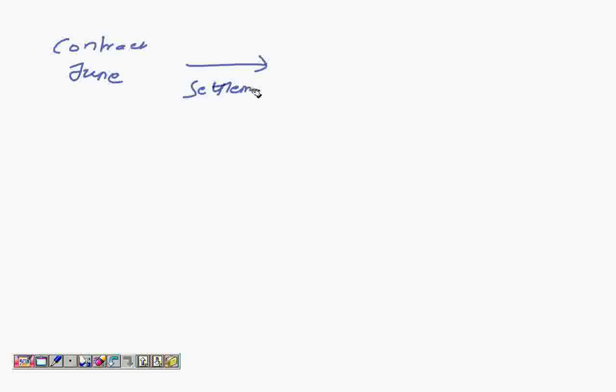Settlement date would be 30th June, because 30th June 2011 is a Thursday. If it were a Saturday, it would have been on 29th June.